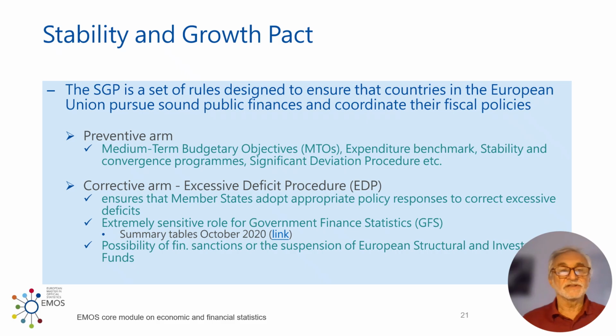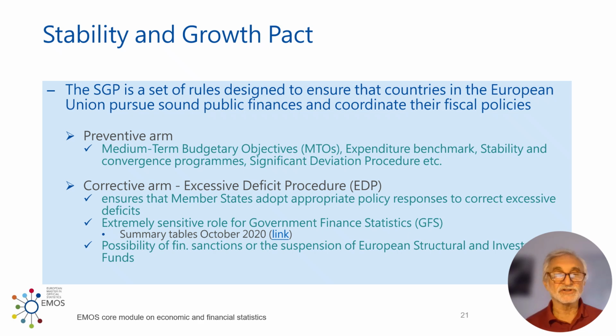One area that receives a lot of political interest is obviously the area of fiscal policy, of public finances. And here the Stability and Growth Pact is the central element in the European Union's economic governance.